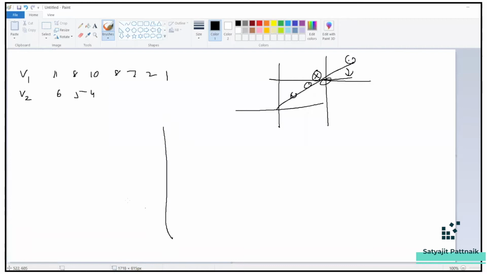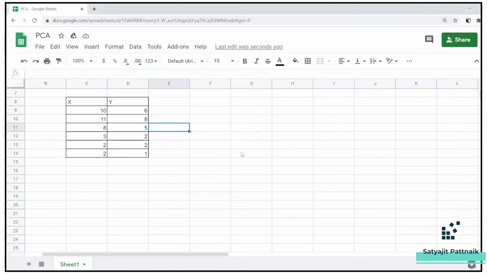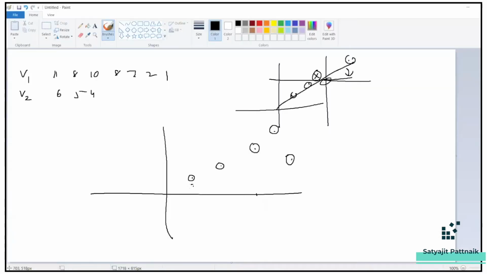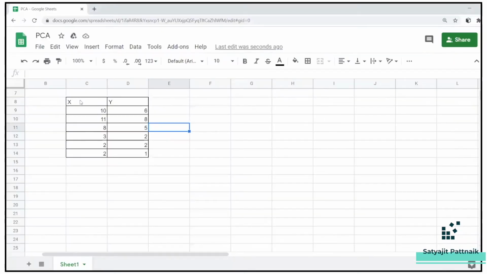It's going to be 10 and 6 somewhere here, 11 and 8 somewhere here, 8 and 5 somewhere here, 3 and 2 somewhere here, 2 and 2 somewhere here, and 2 and 1 somewhere here. This is my x-axis and this is my y-axis, or you can call it my v1 axis and my v2 axis. So my x and y are basically my v1 and v2.